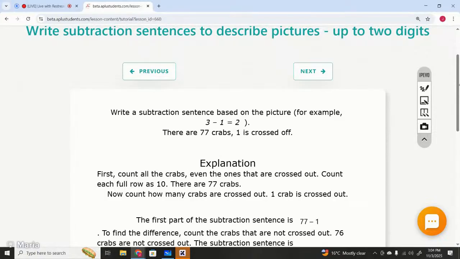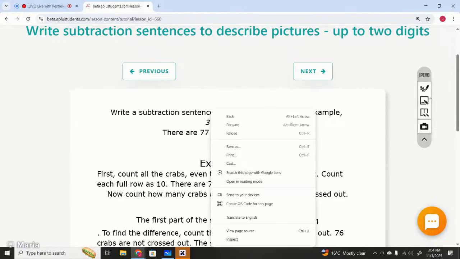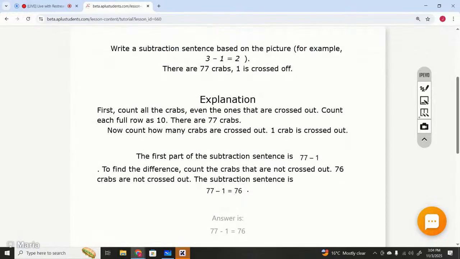Write a subtraction sentence based on the picture. So there are 77 crabs, and one is crossed off. So 77 take away 1, right? 77 take away 1 is 76.